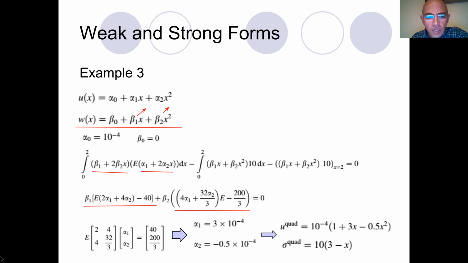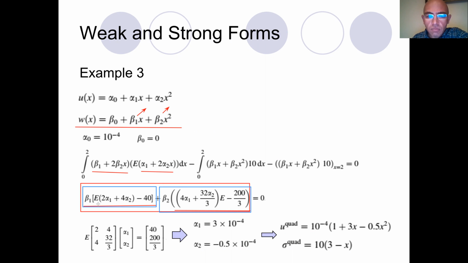Now, when beta 1 and beta 2 can take any value, the only way that this expression is to be 0 is that these two expressions have to be 0.